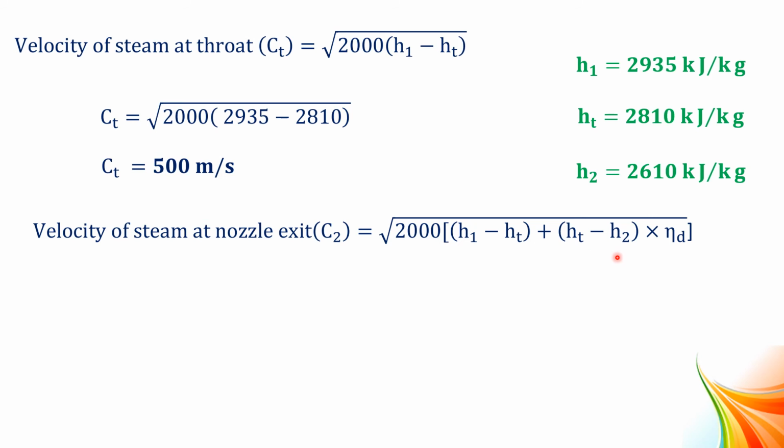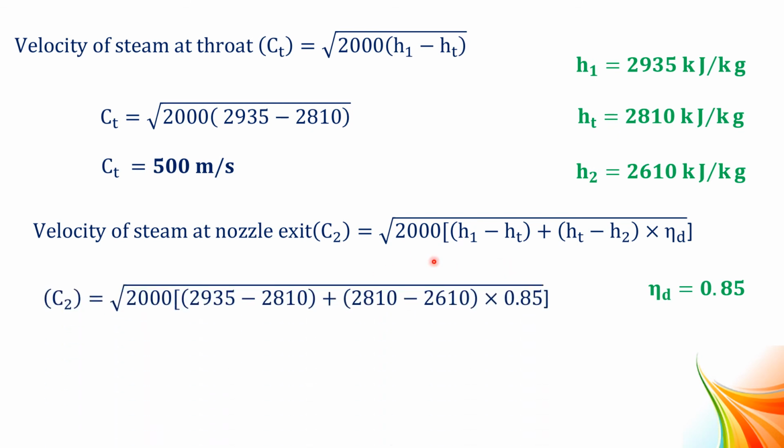Now substituting the values of H2 equal to 2610 kilojoule per kilogram, and the efficiency of the nozzle at the divergent part as 0.85 in this equation, we get C2 equal to 768.11 meters per second.